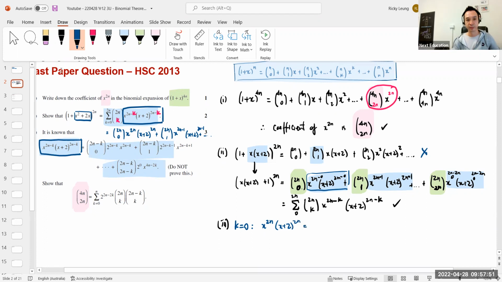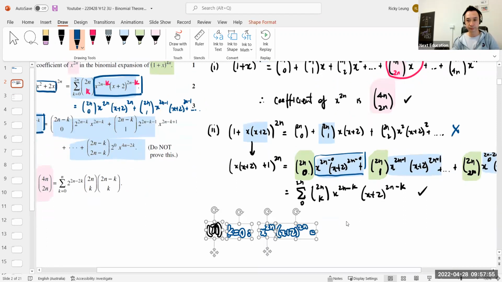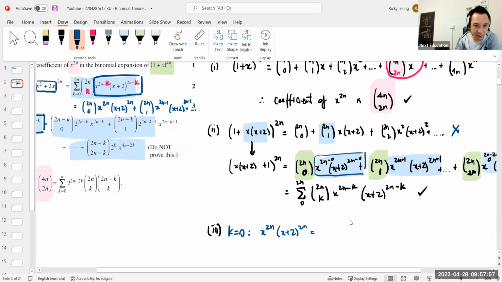Let me zoom in for a second. I'll write a bit neater when I'm zoomed in. Let's sub in 0 for k, so for that expression there is 2n choose 0. What's that? 2 to the power of 2n and x to the power of 2n.